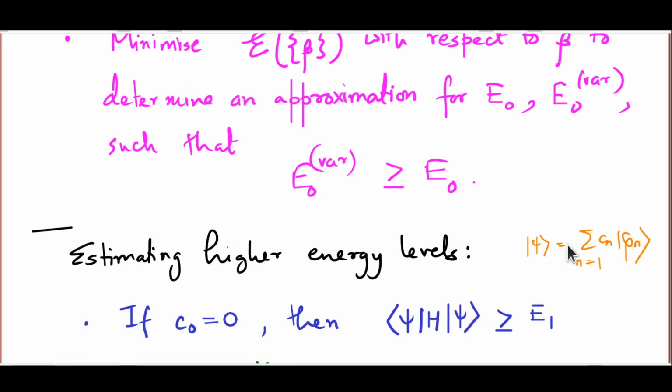E0 is still of course a lower bound, but now if your eigenket obeys C0 is 0, then the lower bound actually can be improved to E1. Of course, if you could make both C0 and C1 0, then the lower bound would be E2.